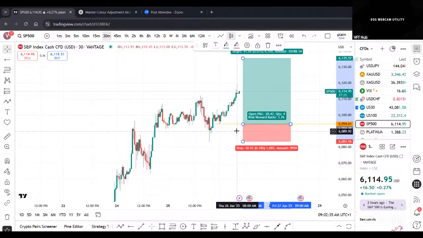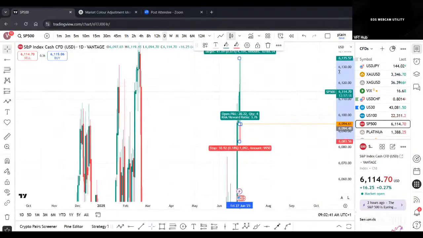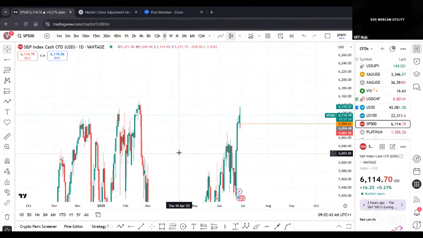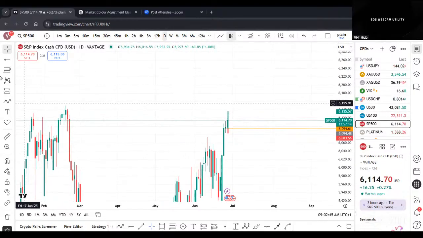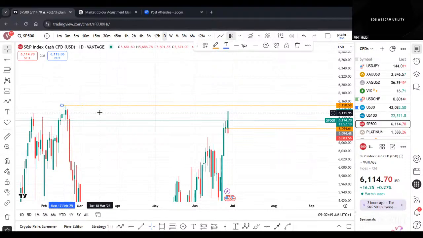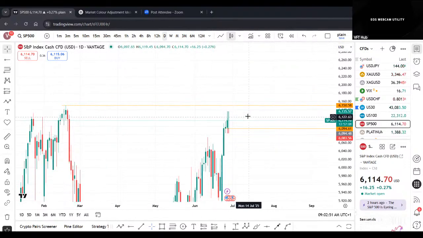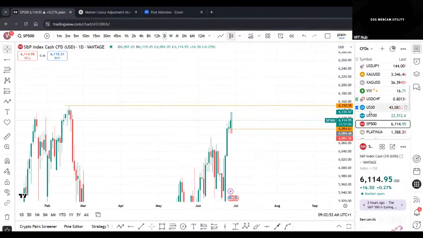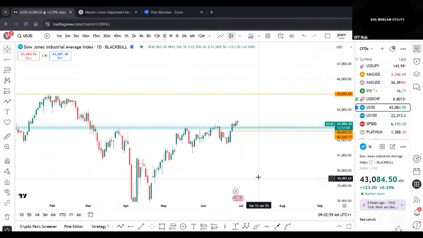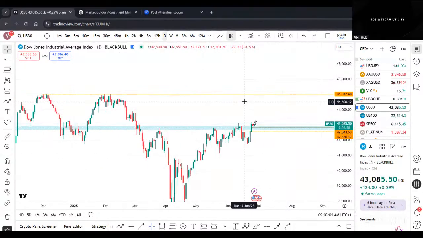Because while US100 is in price discovery, S&P 500 is also around that zone. Look at something here, almost also hitting price discovery, right? US30 is nothing close to price discovery. It's still far away, right?